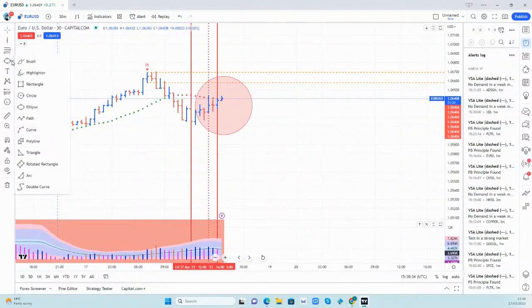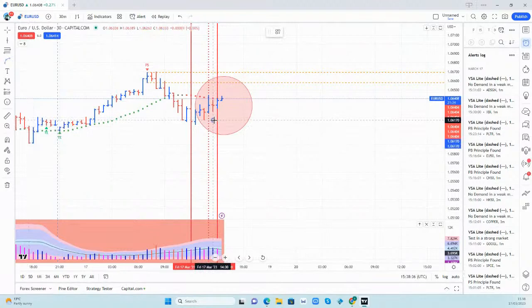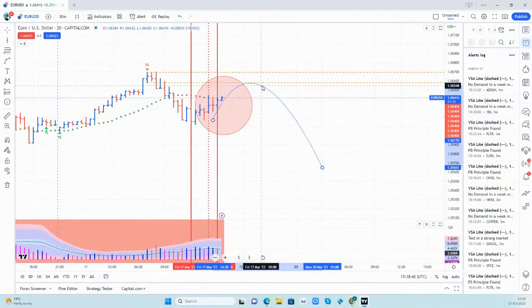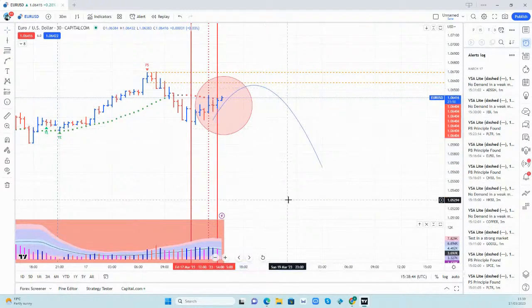I wait for this market to push up and then come back down. I'm going to be observing this, looking at the volumes, to see if the volumes are going lower and lower as it's trying to push up.